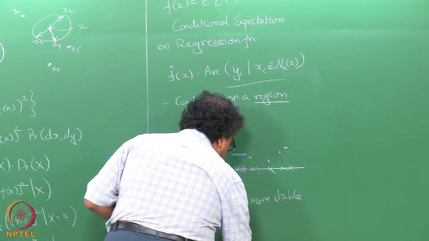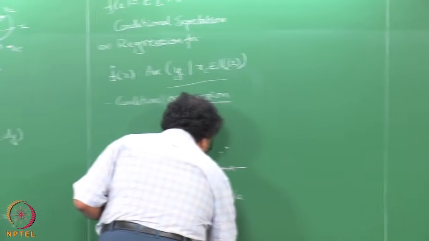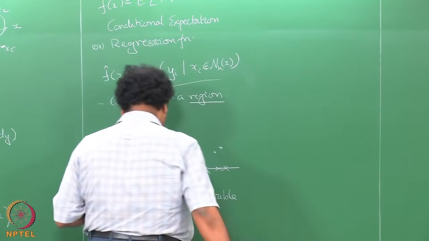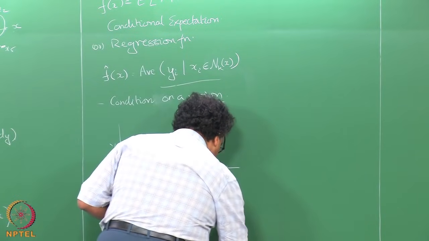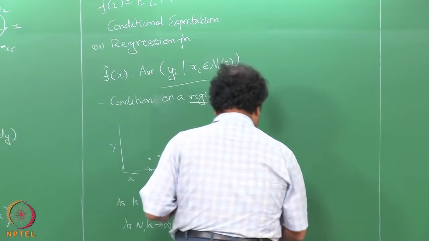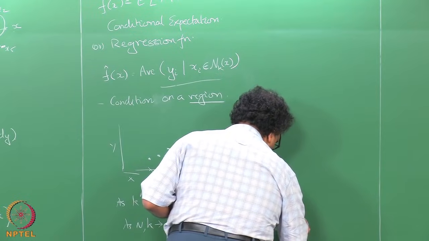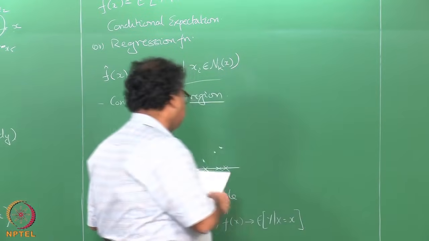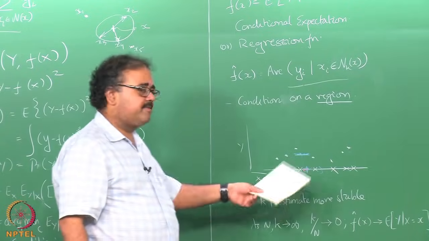As n and k tend to infinity, or they become large, right, your ratio k by n would go to 0, right. As k increases, the estimate becomes more stable.